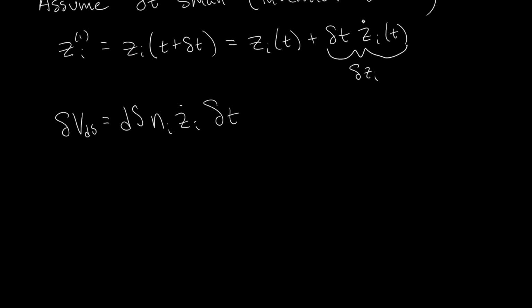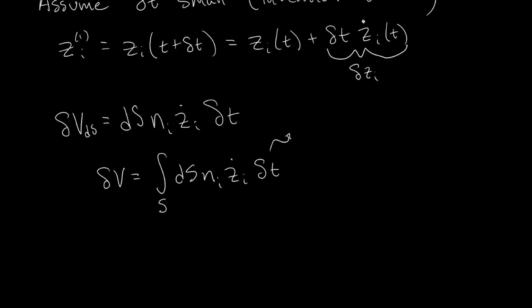And that, of course, is going to give me my total delta V. So this total change in volume is going to be given by the integral, right? We're doing a continuous sum, not over dS, over just the surface, because we're shrinking these dS's down to infinitesimals, of just this guy, n_i z dot_i delta t.